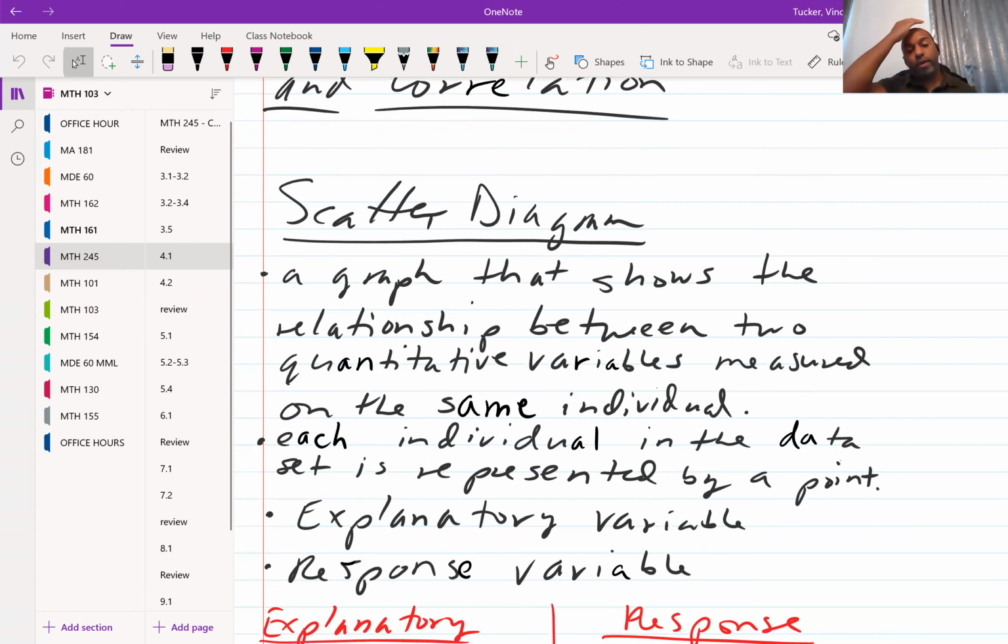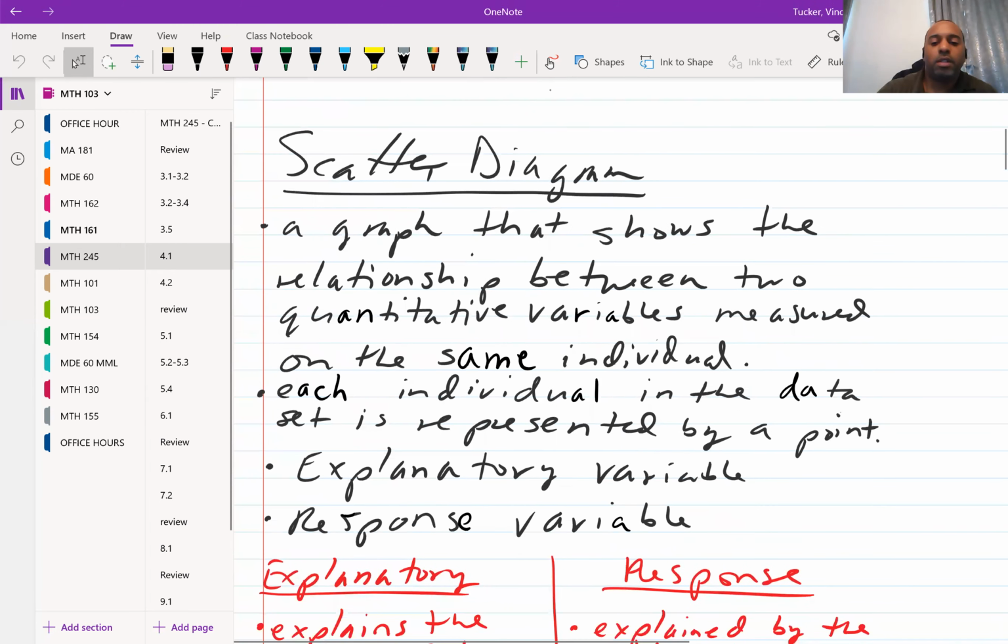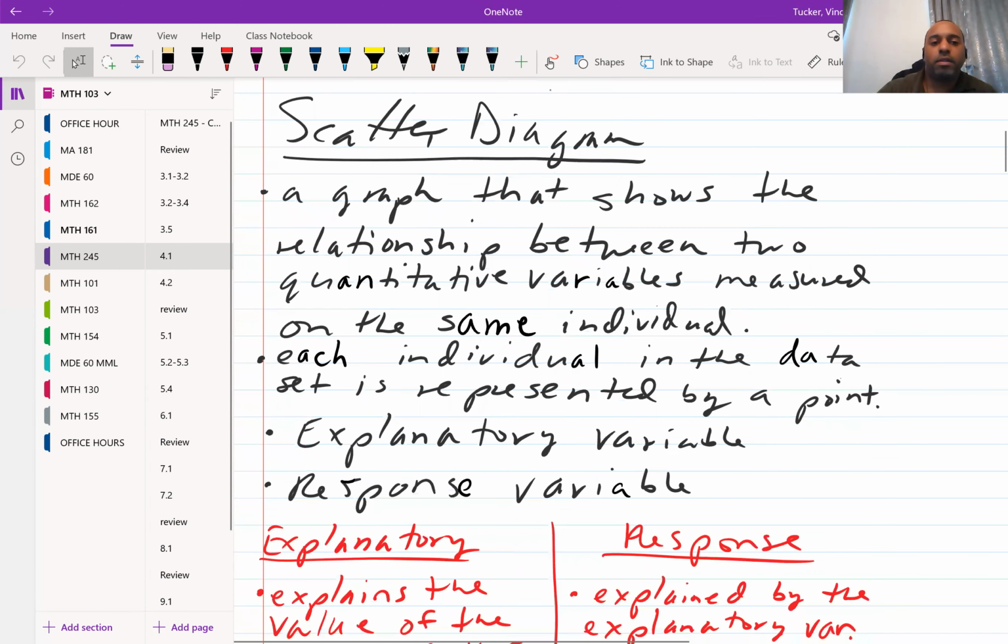All right, so you have two variables that will allow you to plot on the scatter diagram. You have your explanatory variable and your response variable. And we'll talk about the differences in a second.